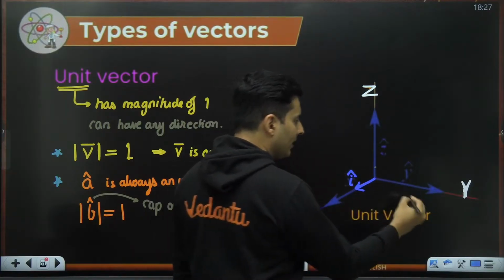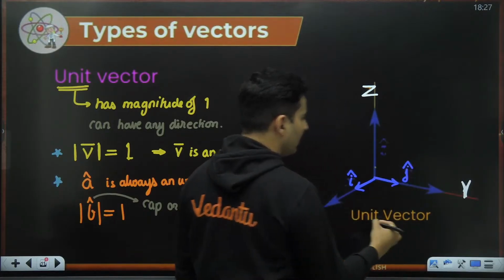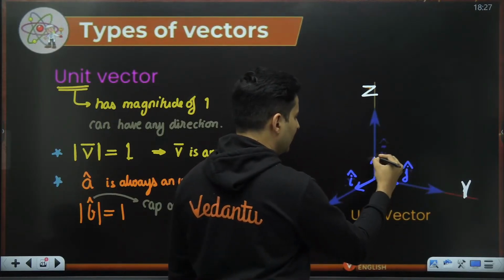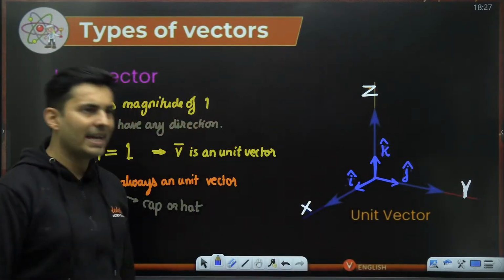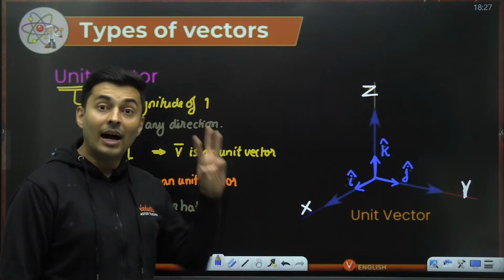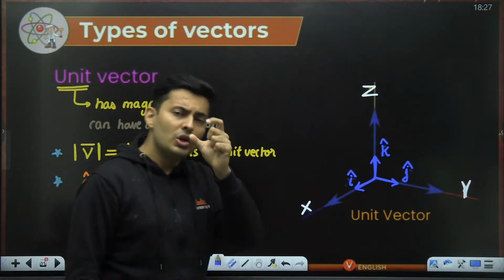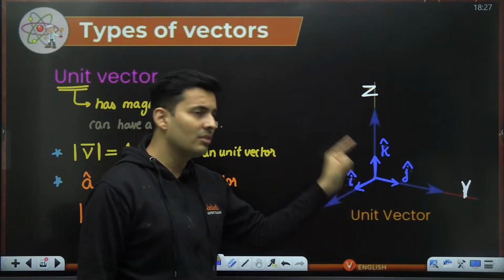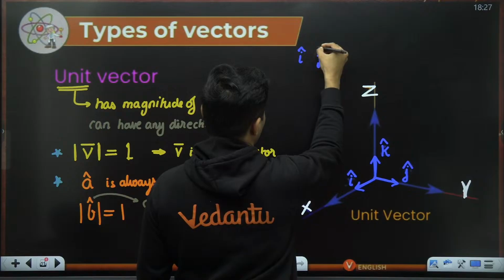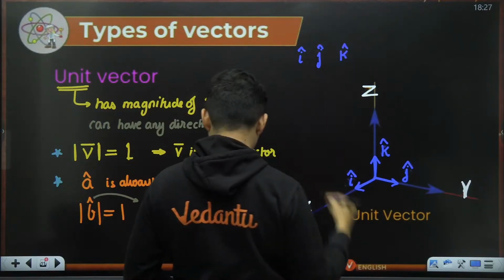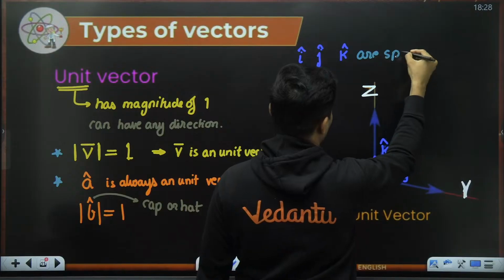A unit vector in the y-axis direction is called j cap, and a unit vector in the z direction is called k cap. So i cap, j cap and k cap are the special symbols which we use for only those unit vectors in the x direction, y direction and the z direction.